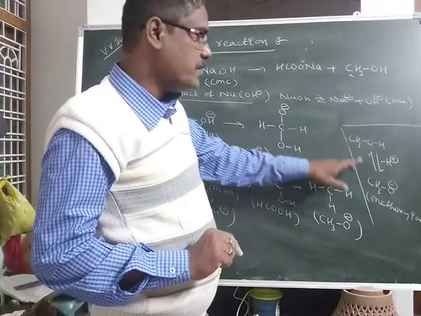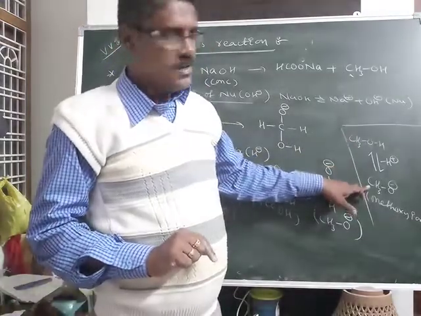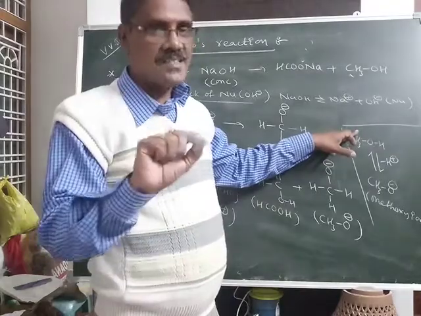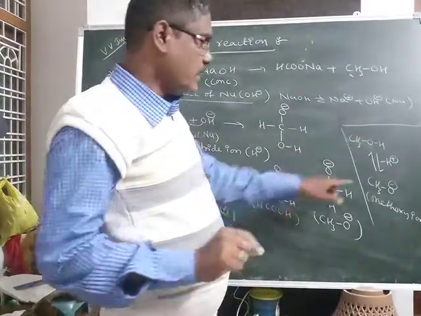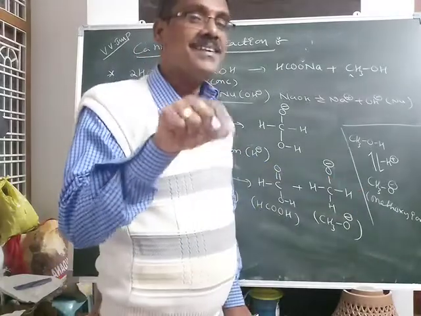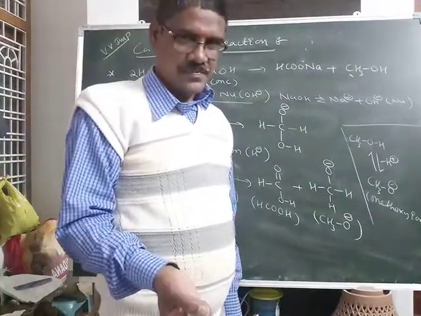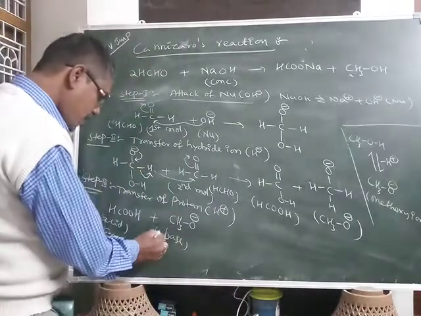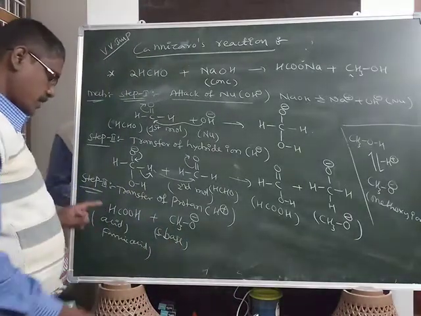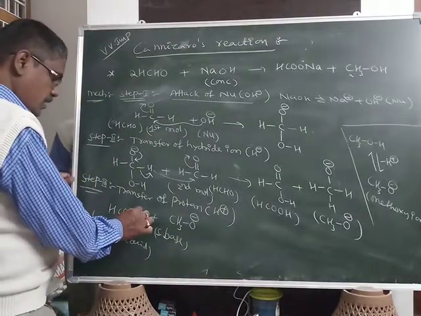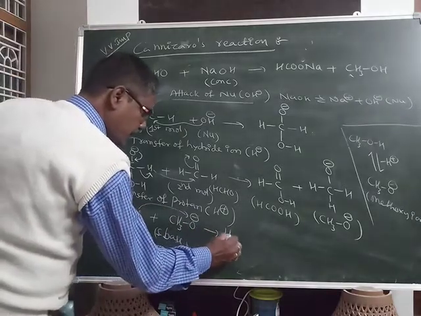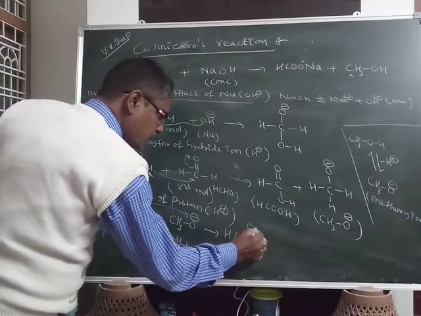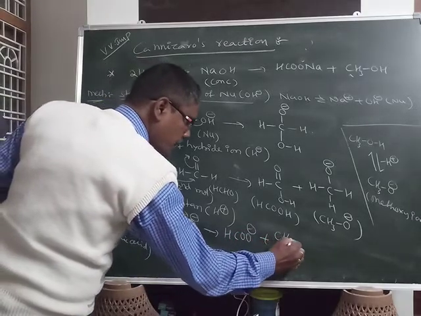Here this is the acid, and this is its conjugate base. This acid is a weak acid. Methyl alcohol is a very weak acid. That's why the methoxy ion is a strong base. That's why the strong base attracts the H plus ion from the formic acid to form HCOO minus and CH3OH.